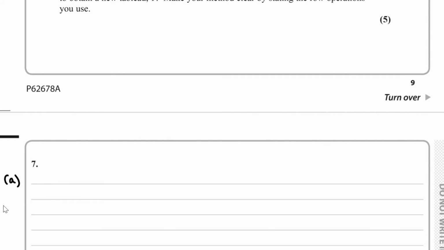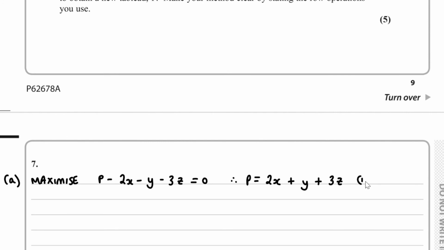We were told that in the question. So what we have to do then is maximize P minus 2x minus y minus 3z equals 0. In other words, we can write this as P equals 2x plus y plus 3z. We'll call this equation 1. And this maximization problem is subject to the following equations.